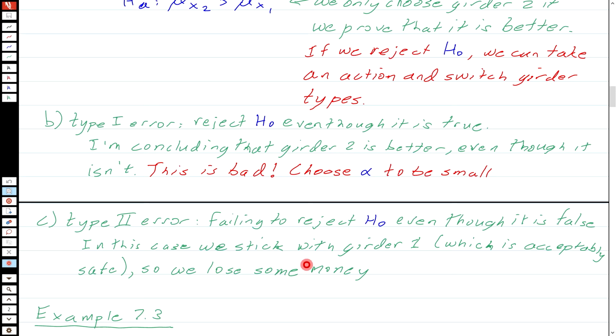Well, this is all right because girder 1 is currently acceptably safe. Girder 2 is actually a little bit safer and cheaper, but we're not sacrificing existing safety in this particular decision. So type 2 error is less bad than a type 1 error here. So for this particular problem, I would choose alpha to be 1 to 5%, that sort of thing, so quite small.